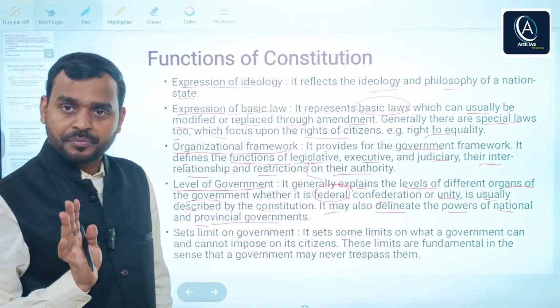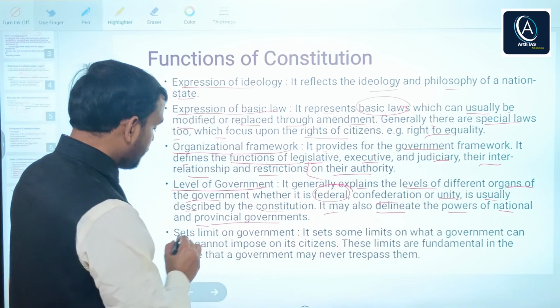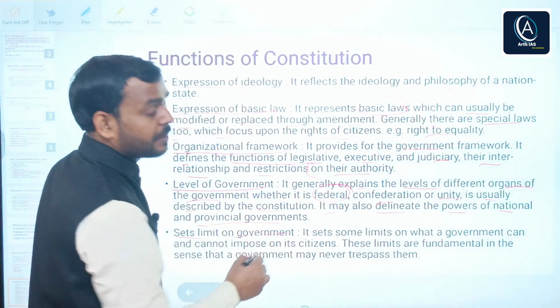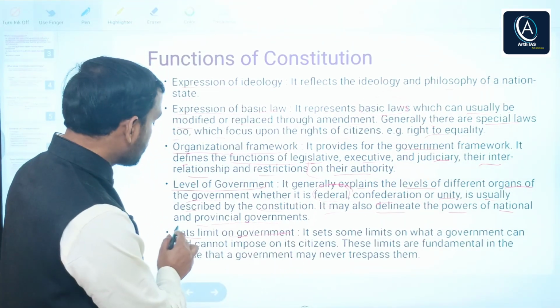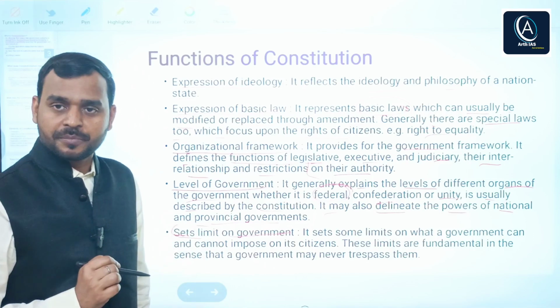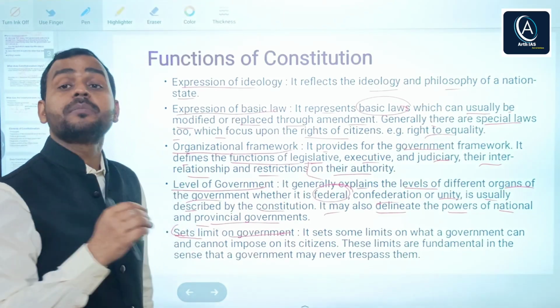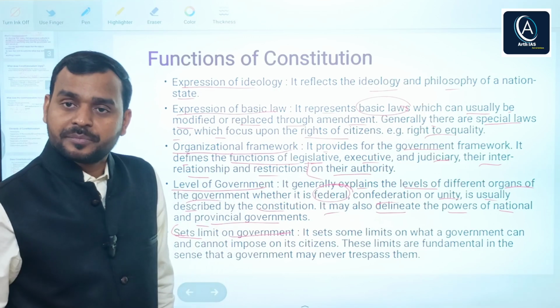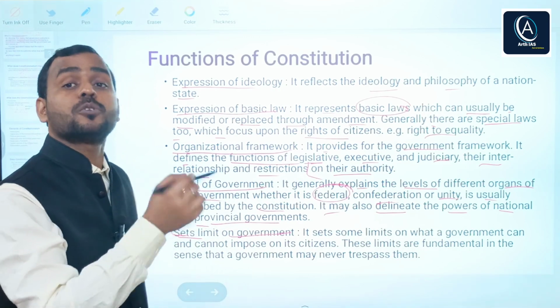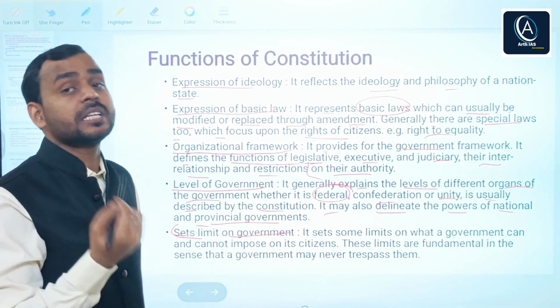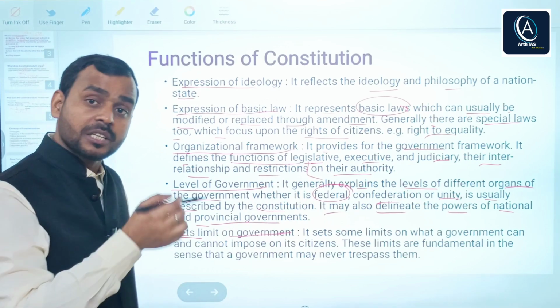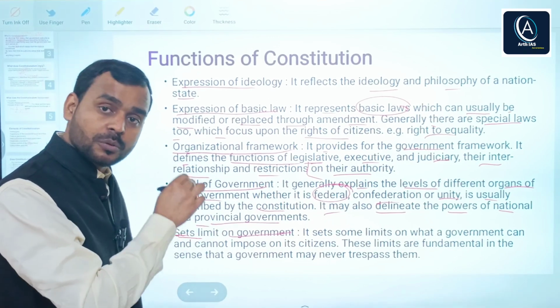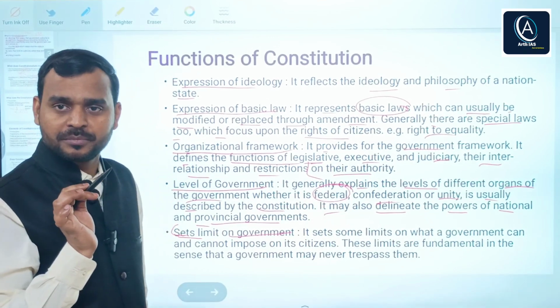It clearly demarcates or explains the power of national, or you can say federal or central, and provincial governments. Again, it sets limitation on government. Obviously, it is one of the most important functions of constitution that it sets limits on government. Government is not allowed to do anything in an arbitrary manner. It is always supposed to follow the provisions of constitution.